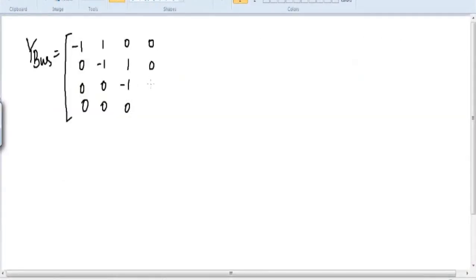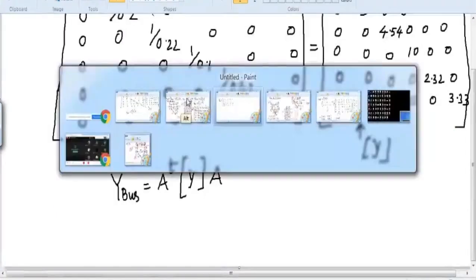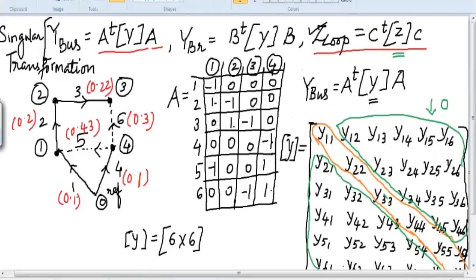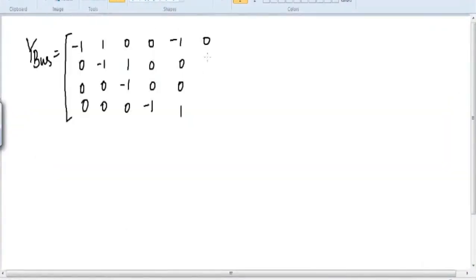Then -1 0 0 1. Then 0 0 -1 1. So this is your A transpose matrix.